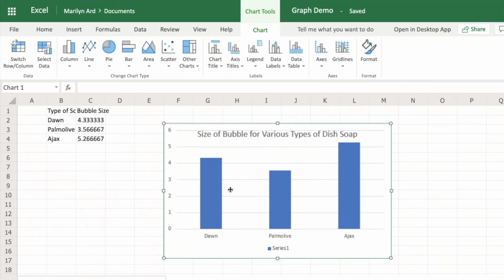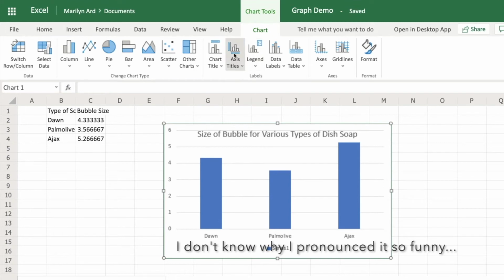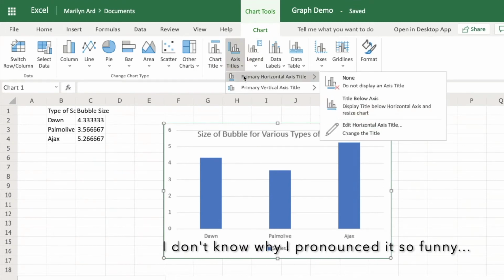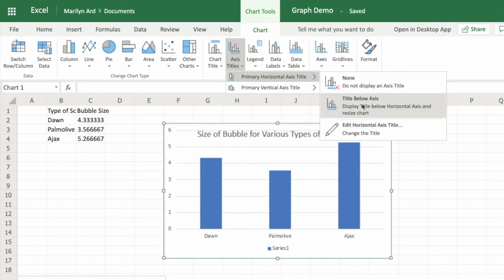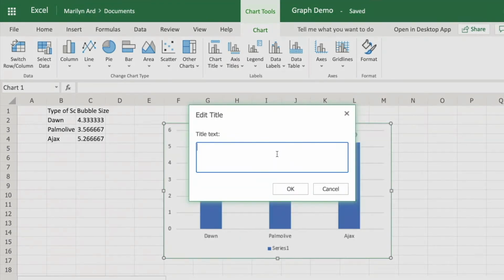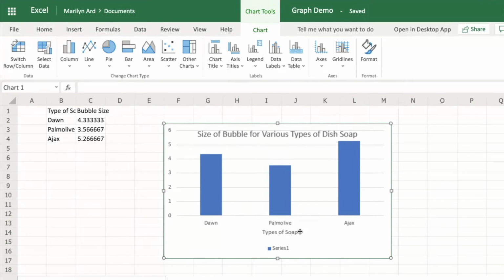So now I want to label my axes. So I do axis, see here it says axis titles. All right, horizontal axis. Okay, so horizontal, remember that's left to right, the x-axis. Types of soap. Okay, types of soap.